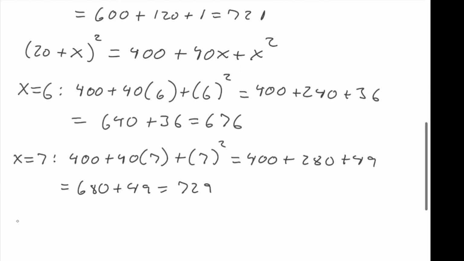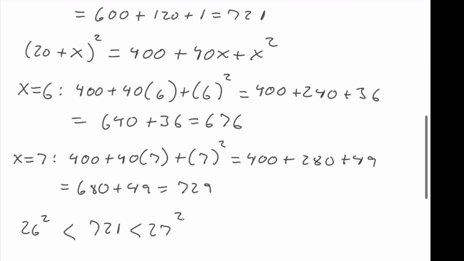So I now know this isn't a perfect square. For x equals 6, that would be 26 squared, because 20 plus x would be 26 squared, which is 676, so it's less than 721, which is less than 27 squared.